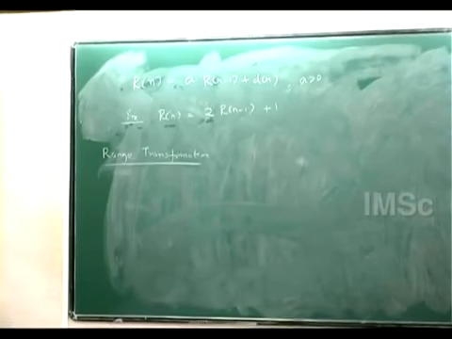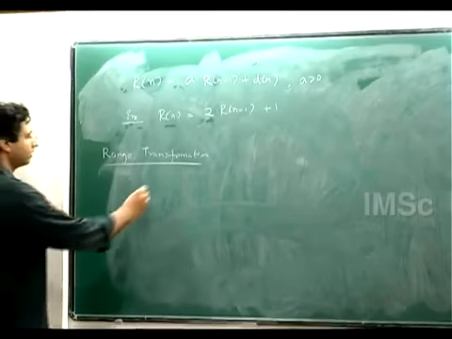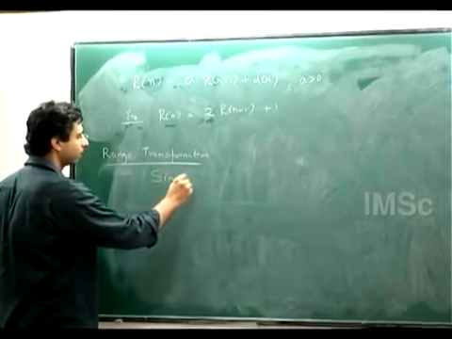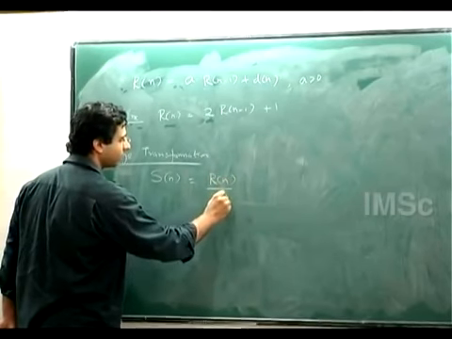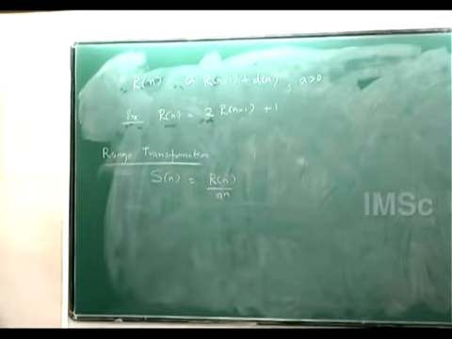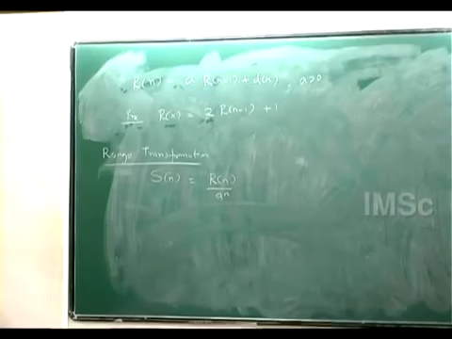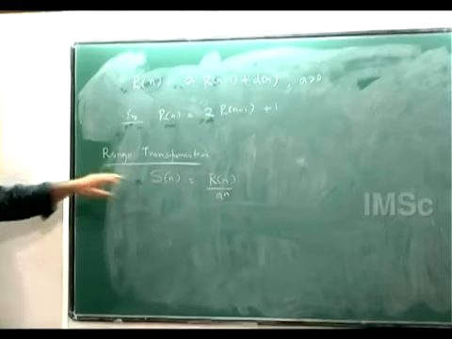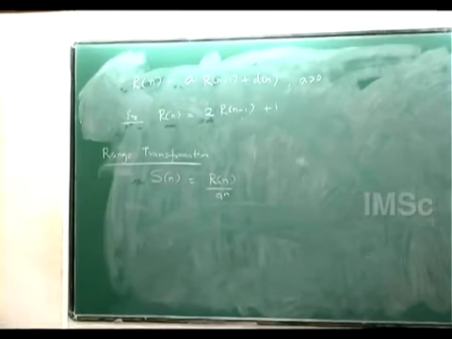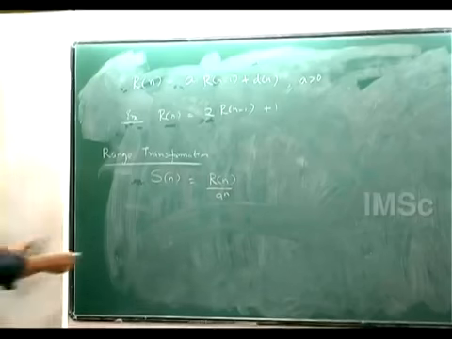So I'll define a new recurrence from this recurrence. I'll define my S of n as R of n divided by a raised to n. And now my claim is this function satisfies the fundamental recurrence. So why?